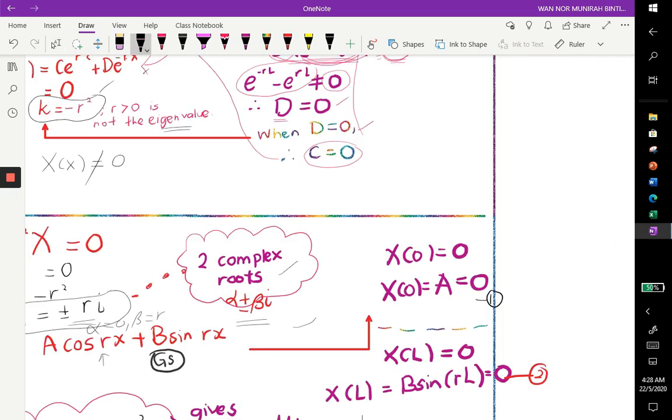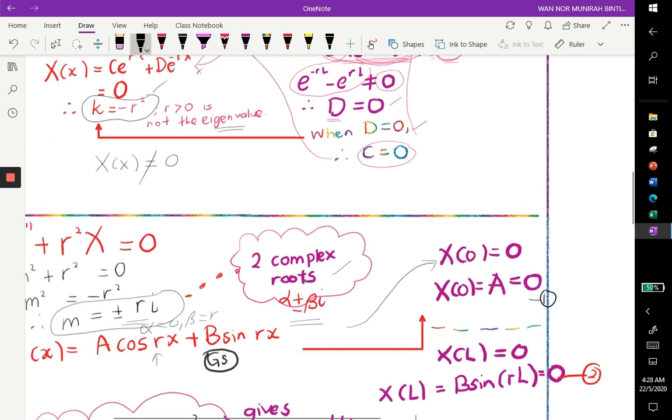Then substitute the conditions. The first condition is X(0) equals 0, so I substitute here. When small x equals 0, I have A cos Rx plus B sin Rx.